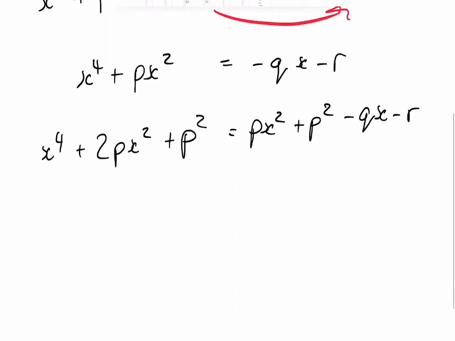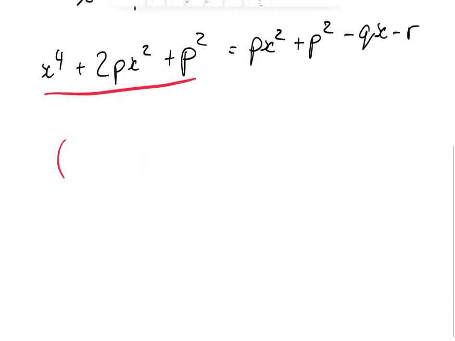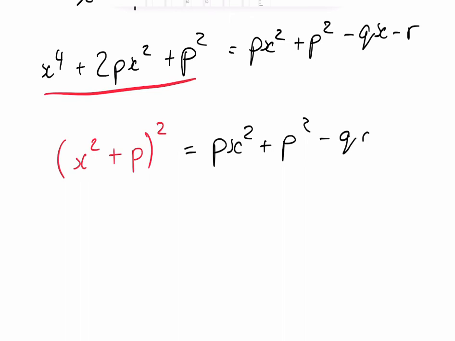And we can then factorise the left-hand side, and we can make that x squared plus p all squared, and that will be equal to px squared plus p squared minus qx minus r.